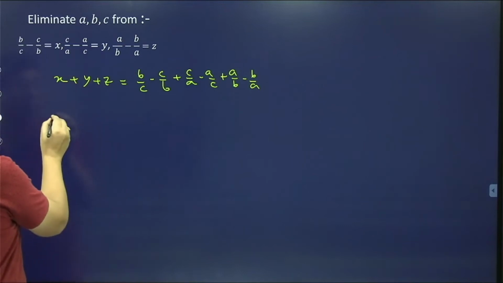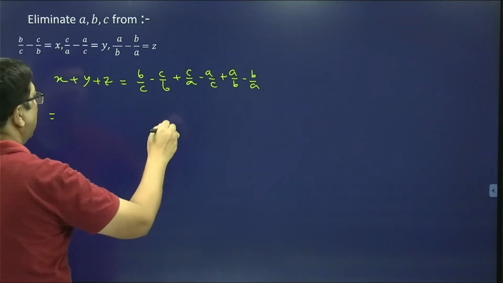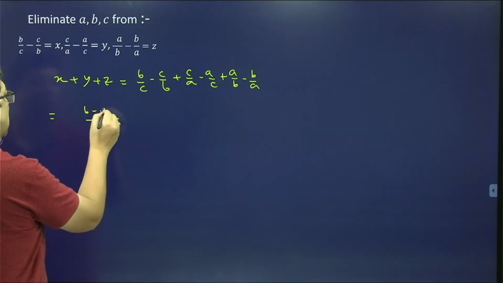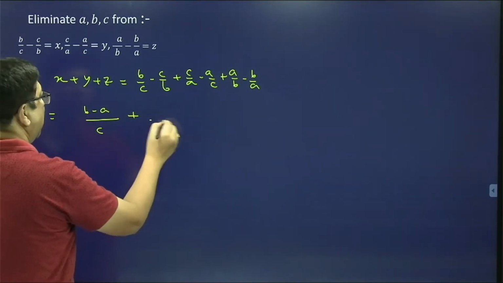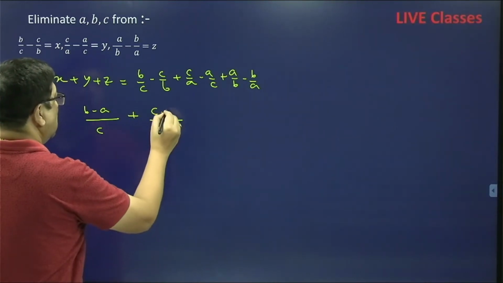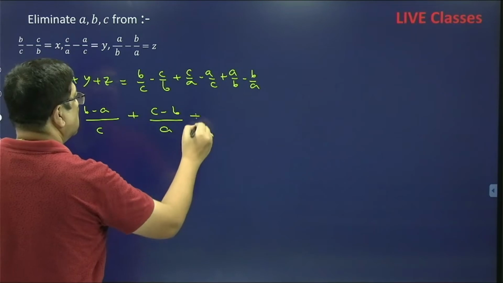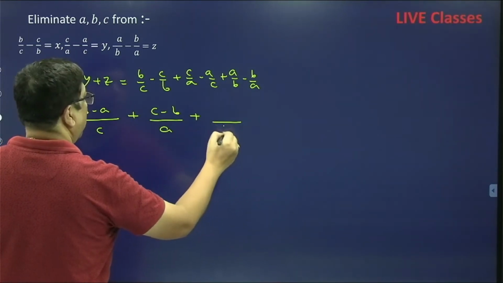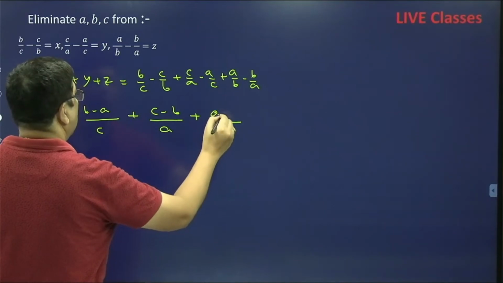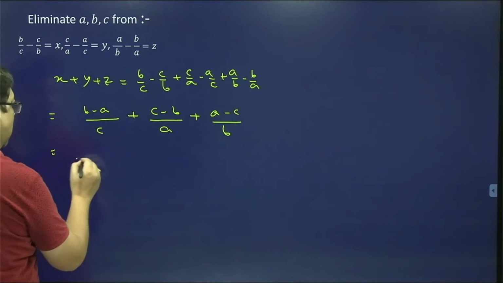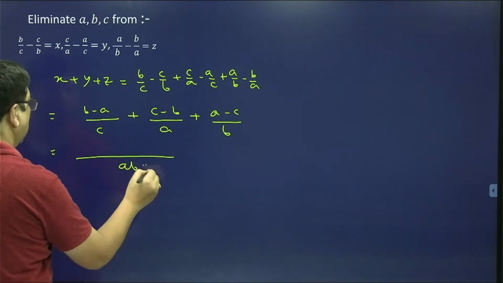If I simplify, taking the c portion common, c into b minus a, plus, taking denominator a common, c minus b, plus, taking denominator b common, this is coming a minus c. So if we simplify here, we are getting abc.